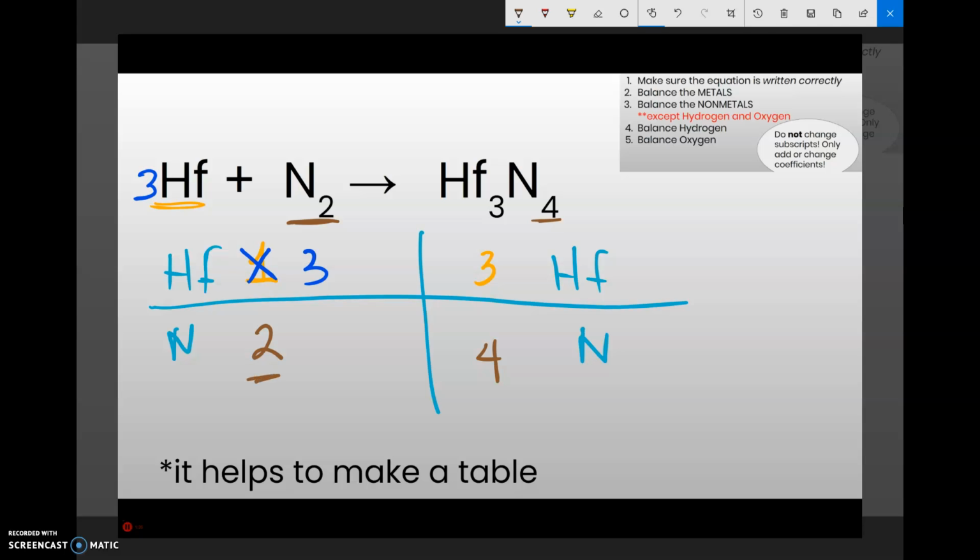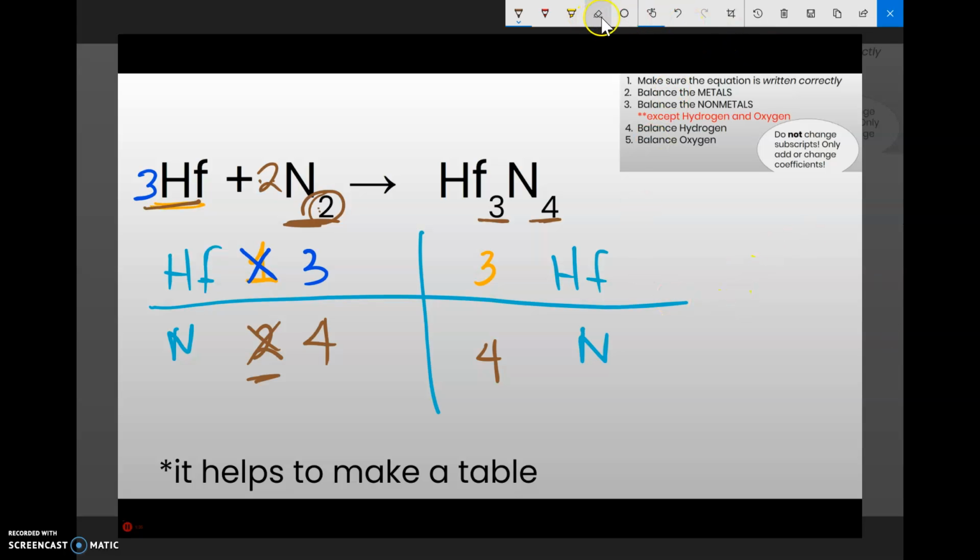So we need to get this reactant side to equal 4. So remember, we always multiply. So 2 times what makes 2? And the answer there is 2. So 2 times 2 makes 4. Okay, so now we have the right amount. 3HF, 3HF, 4 nitrogens, because we multiply the coefficient by the subscript, and then we have 4 there. So now this is balanced.